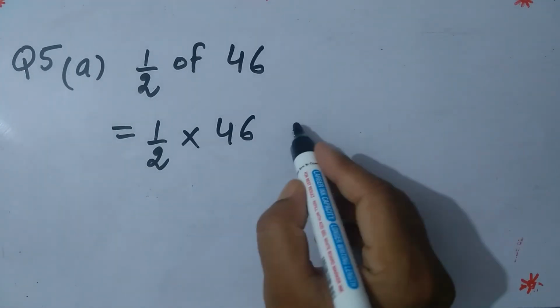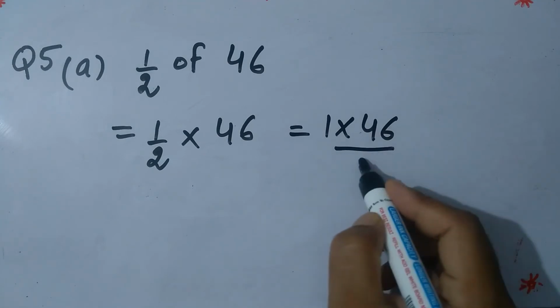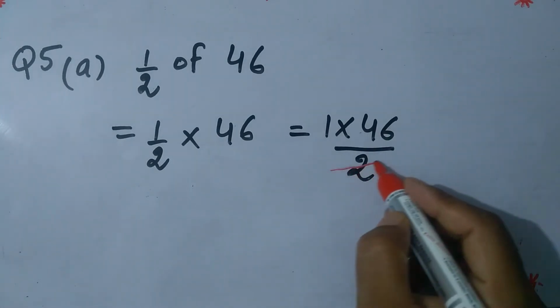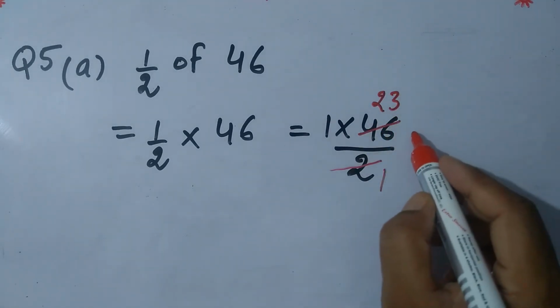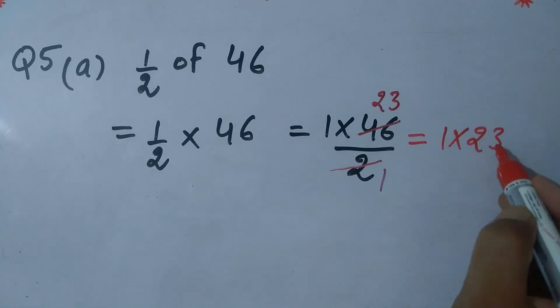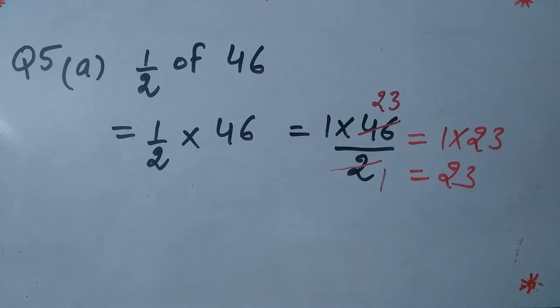That is 1 into 46 divided by 2. So again what we do, 2 ones are 2, 2 twos are 4, 2 threes are 6. So the answer is 1 into 23 is equal to 23, the final answer.